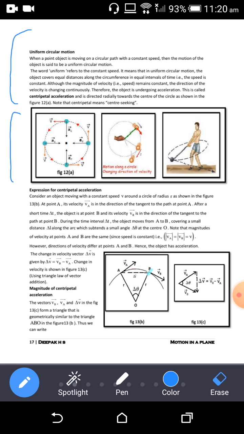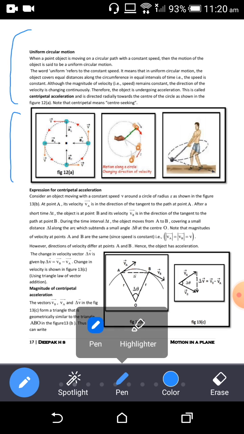Next, the change in velocity vector delta v is given by delta v vector equals vector vB minus vector vA.